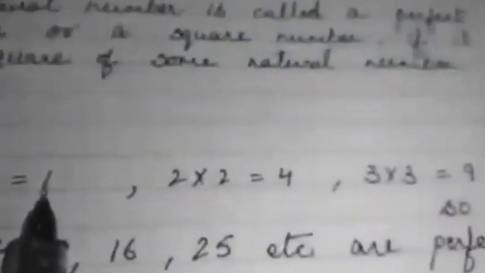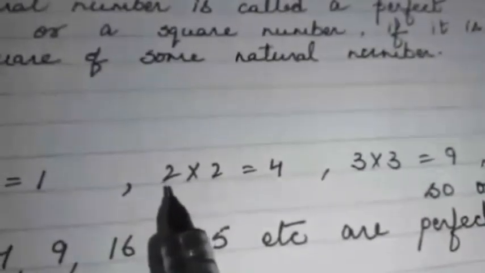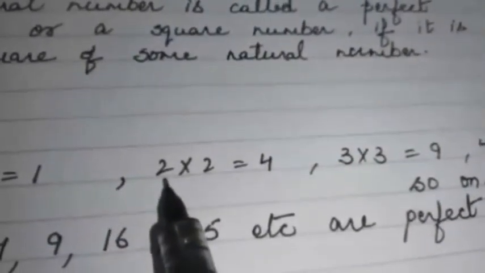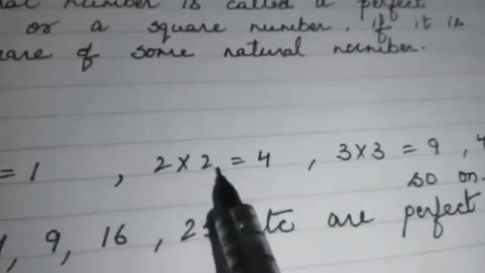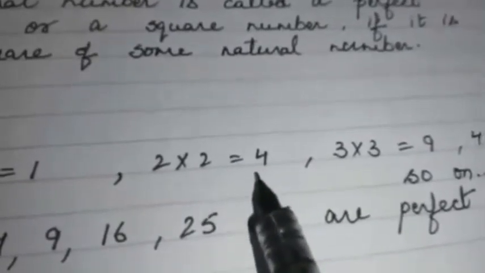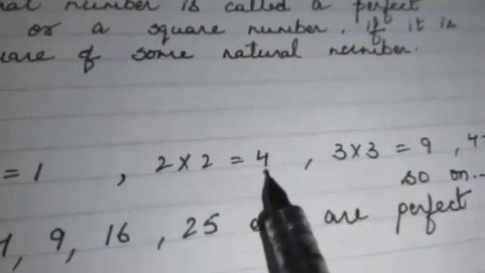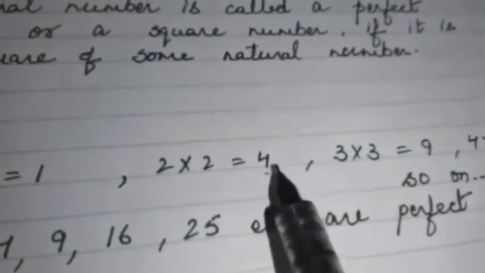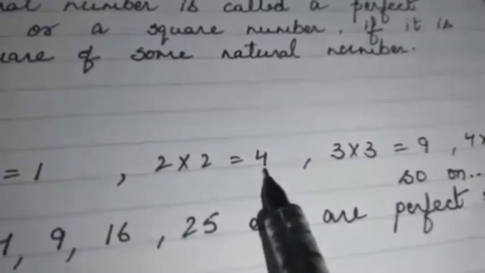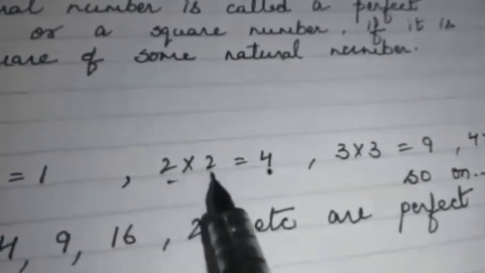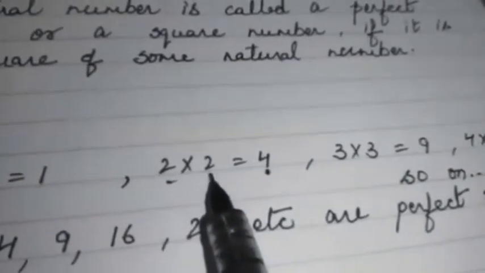See the next example. You know that 2 is a natural number again. 2 into 2 will give you 4. That means this 4 is a perfect square. Perfect squares are natural numbers that you get by multiplication of another natural number with itself.